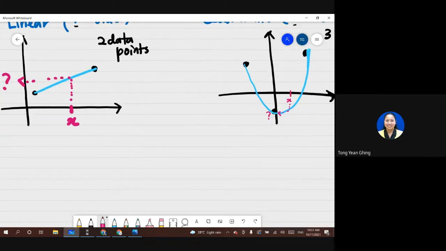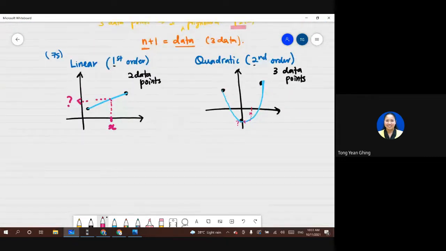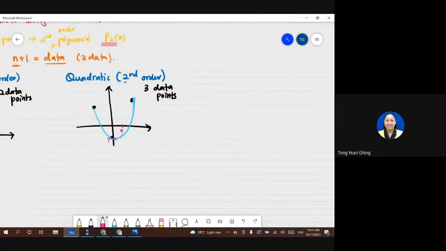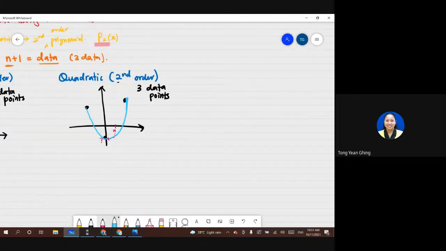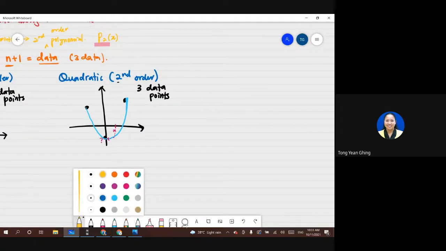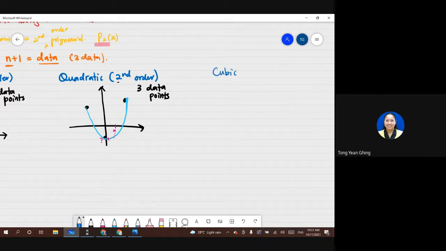Okay, let's say third order, that is a cubic. Third order, so that means we have 4 data points. Okay, 4 data points. And the graph can be like this.